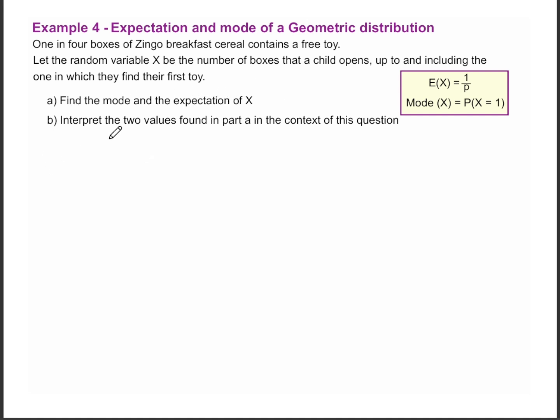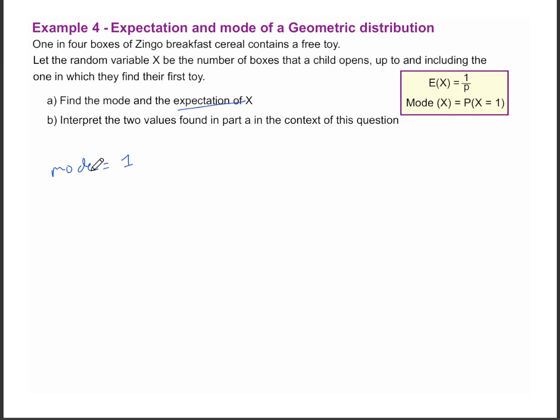So the mode of any situation where the discrete random variable is geometrically distributed is 1. Because the first attempt being successful is actually the most likely to happen in terms of which attempt gives you your first success. And so the mode just equals 1.